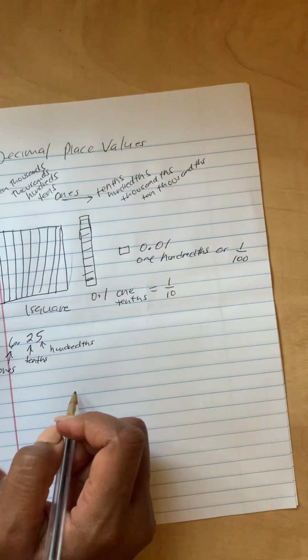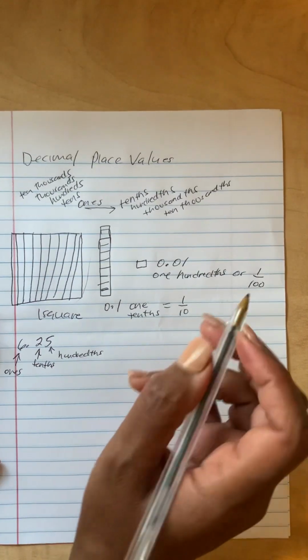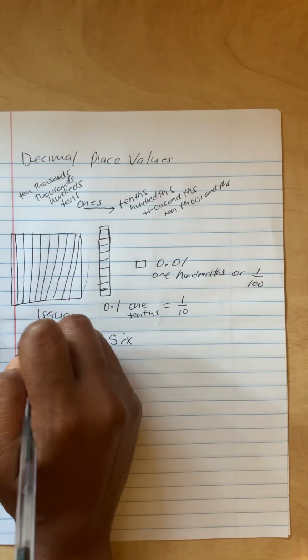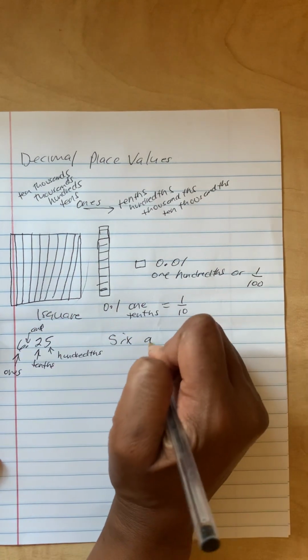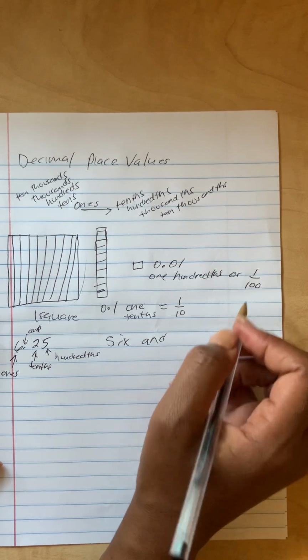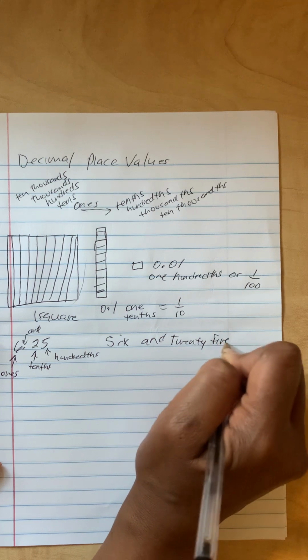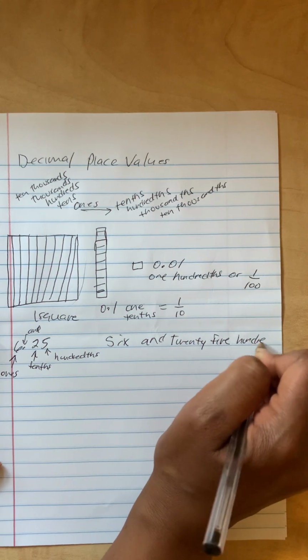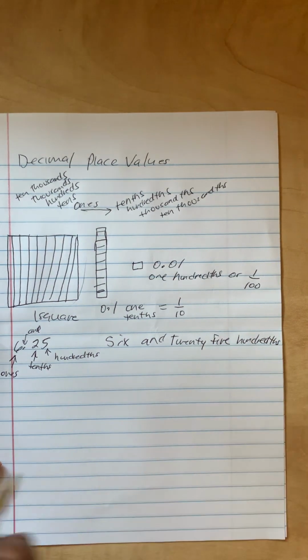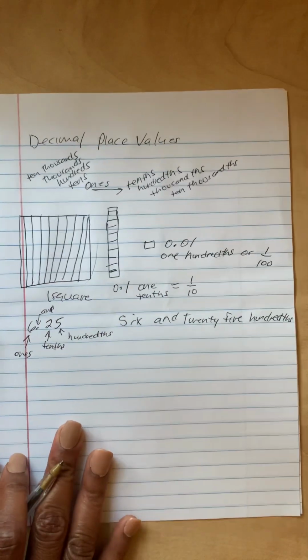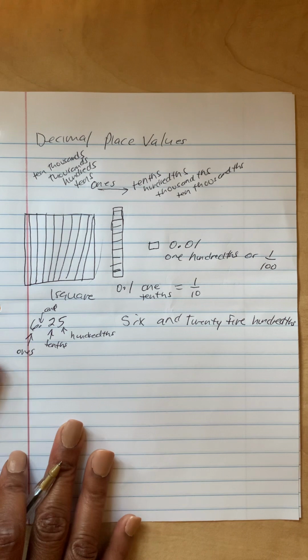So this number would read 6, and the decimal would be the "and", 6 and 25 hundredths. See that? That's it. So that would be the place value of that particular number.